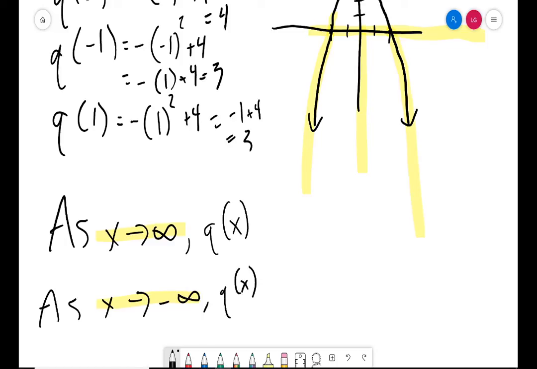What happens to the outputs of Q as x gets very large, positive? What happens to the outputs of Q as x gets very large, negative? Well, they go very far down.